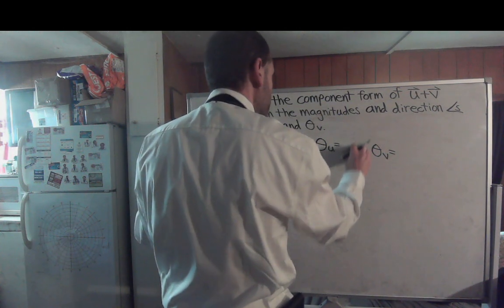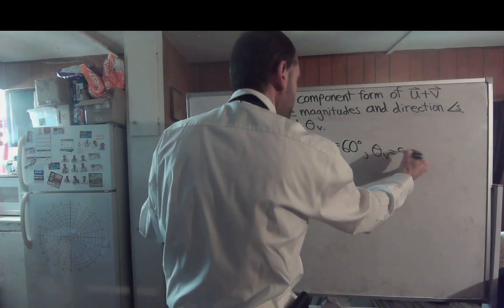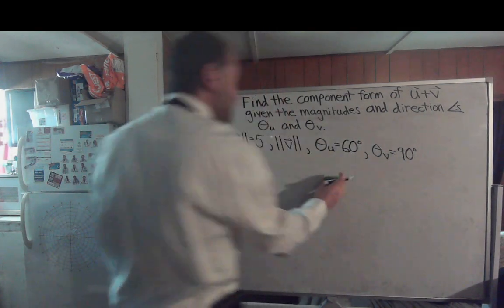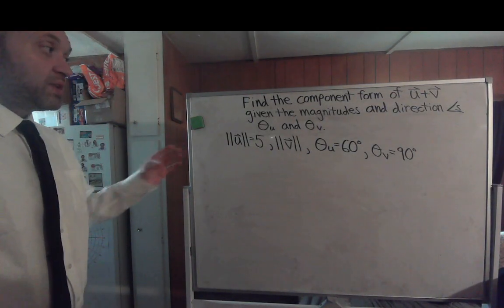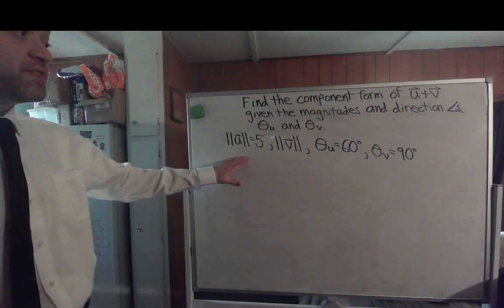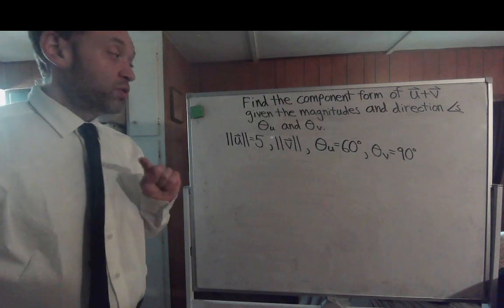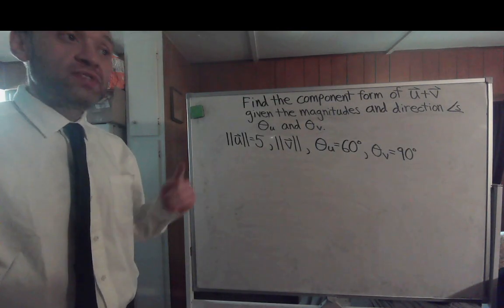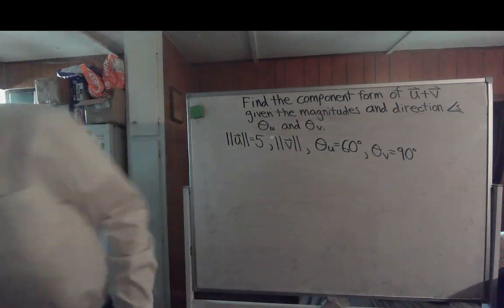Theta sub v is 90 degrees. So what we need to do here is, for each of these vectors, find their component forms, and once you've done that, you can go ahead and add the results.